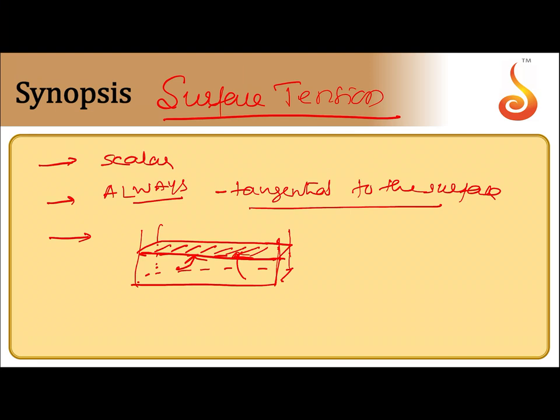Now, pushing from inside to the top requires work. Work against what? Work against the downward cohesive force. Cohesive forces tend to pull it back, and we have to push the molecules from inside to the top, as a consequence of which the work done gets converted into internal energy. That is what is nothing but surface tension.